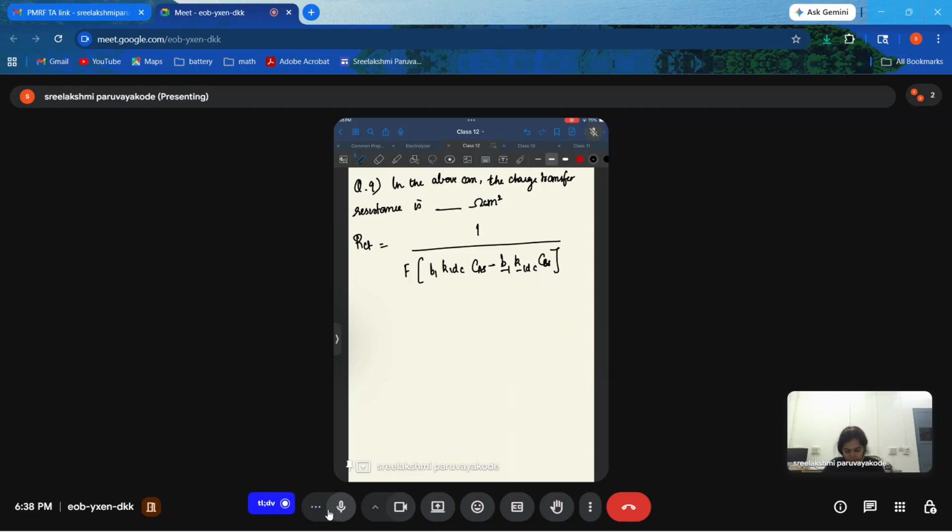Now let me substitute the values. 96,485. B1 is 6.686 into 4.499 into 10 to the power minus 6 minus 19 into 0.149 into CBS is 1.9551 into 10 to the power minus 4. Now please do it and let me know what is the value you're getting.